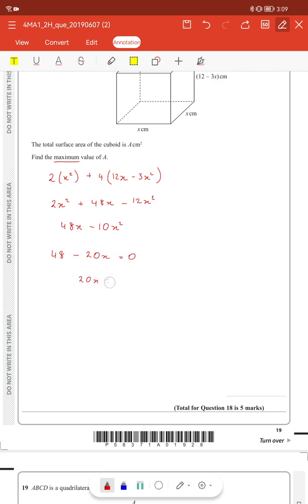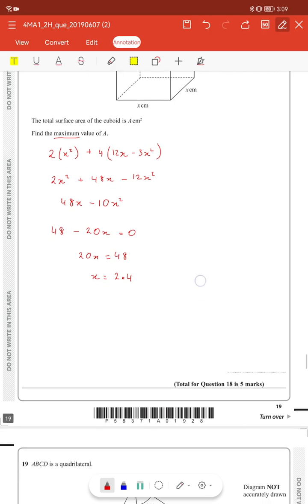So 20x equals 48. X would equal 48 divided by 20, which is 2.4. Now, we're not quite finished there because we need to substitute the value of 2.4 back into the equation. So I can get 48 times 2.4 minus 10 times 2.4 squared, and that should give us a value of 57.6.